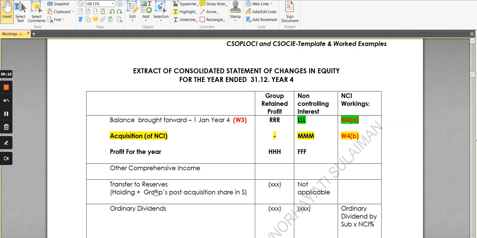Let's say in our case just now, for the subsidiary's transfer to reserve, the parent will have some share of that transfer based on the percentage of controlling interest in the ordinary shares. We will do that later, that part of the transfer to the reserve, to show the effect of the transfer in the consolidated statement of changes in equity.